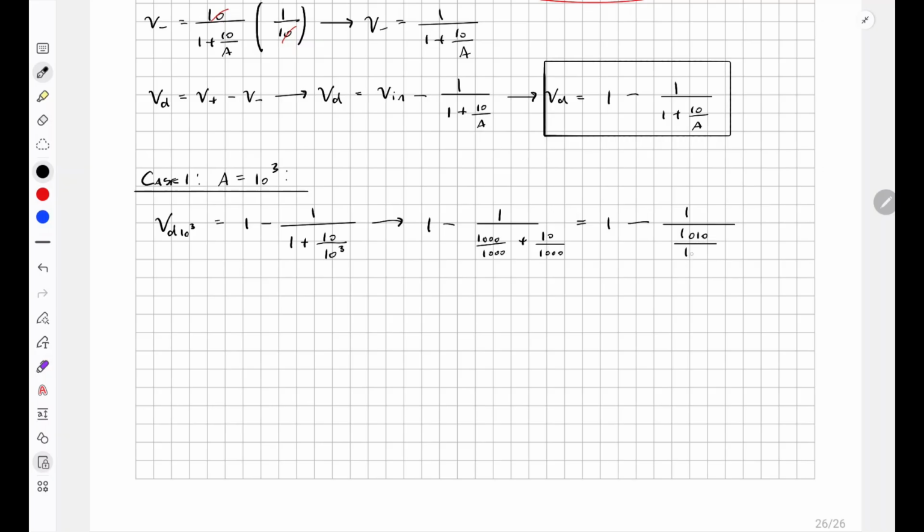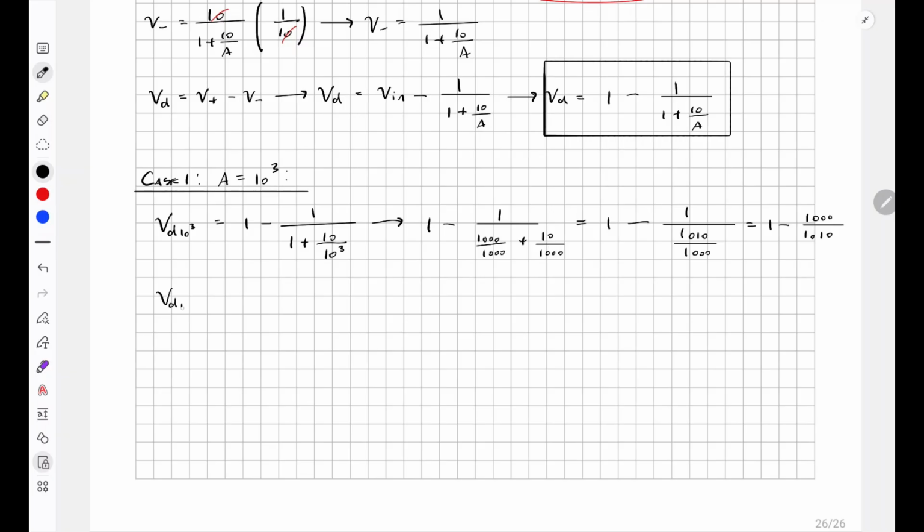1010 divided by 1000. Now you can see that there is a double divide by 1000. Double divide by 1000 is the same thing as multiplying the numerator by 1000. So this is 1 minus 1000 divided by 1010.